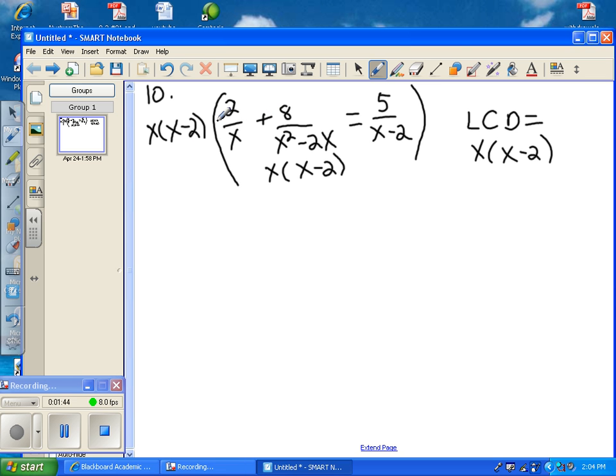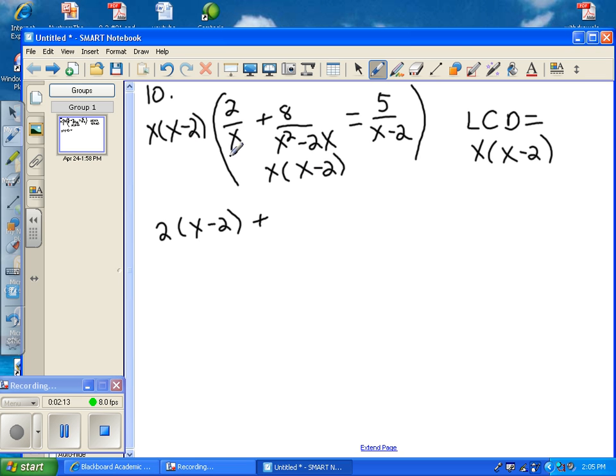So first I'm multiplying x times x minus 2 times 2 over x. So this denominator cancels with that x, and I'm left with 2 times x minus 2. Canceled out my like numerator and denominator. Plus, now I have x times x minus 2 in the denominator, and I have x times x minus 2 in my numerator. They all cancel out.